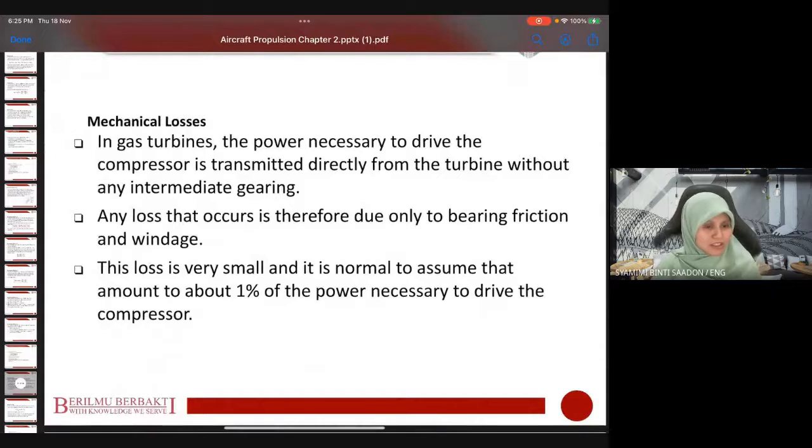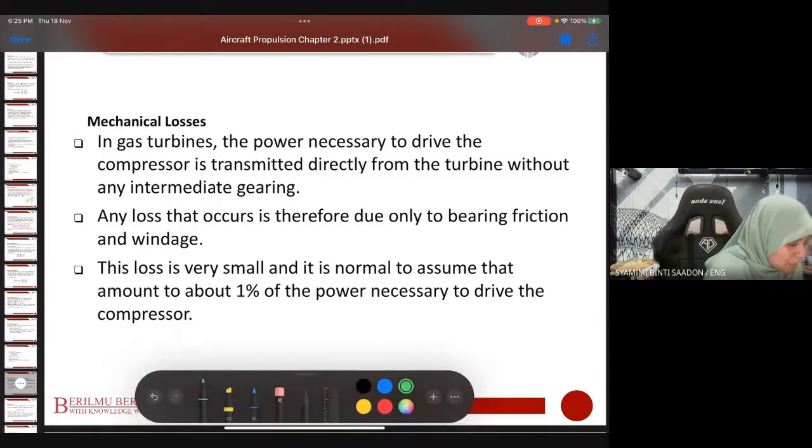In a gas turbine, the power necessary to drive the compressor is transmitted directly from the turbine without any intermediate gearing. Any loss that occurs is therefore due only to bearing friction and windage. This loss is very small and it's normal to assume that it amounts to about 1% of the power necessary to drive the compressor.